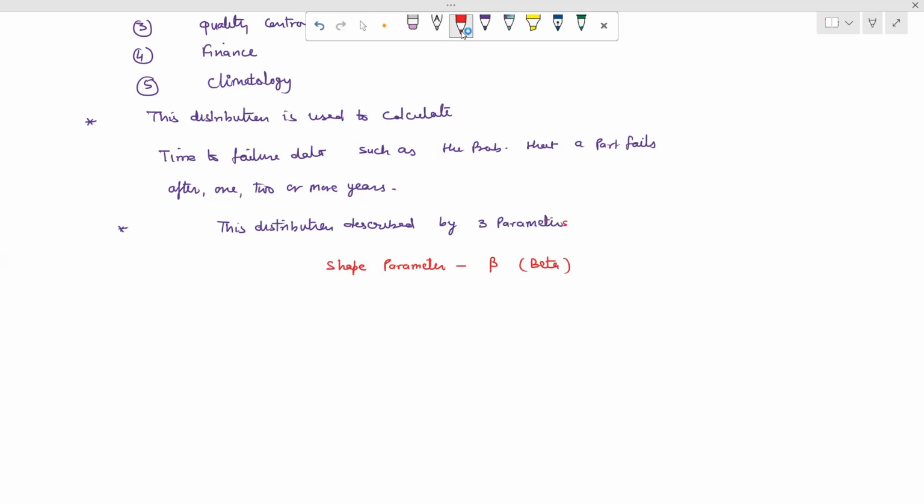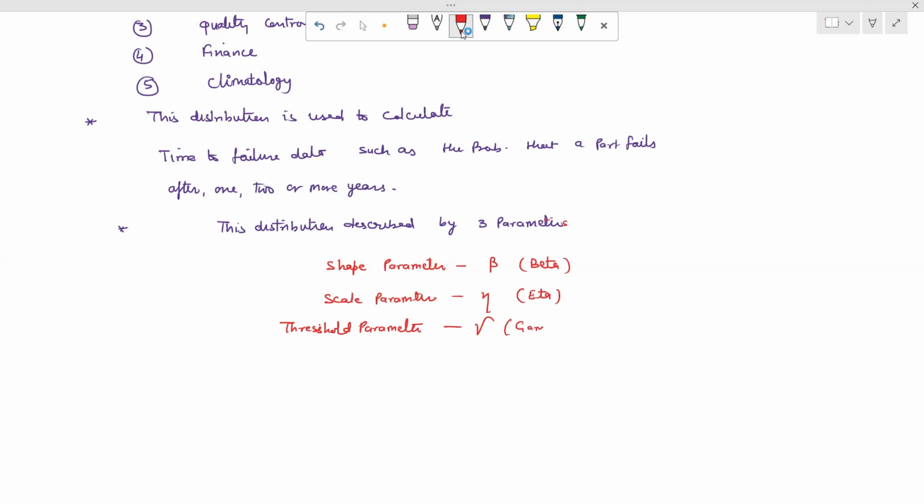Second, we use the scale parameter, which we denote by eta. And third one is the threshold parameter. This threshold parameter we denote by gamma.